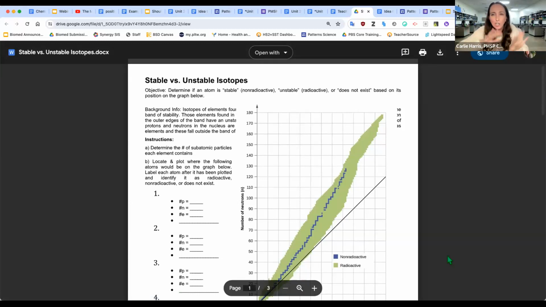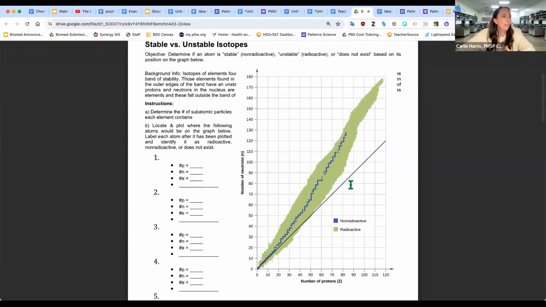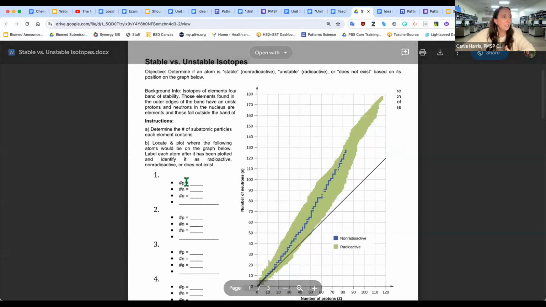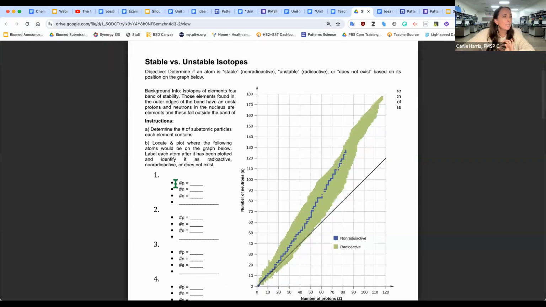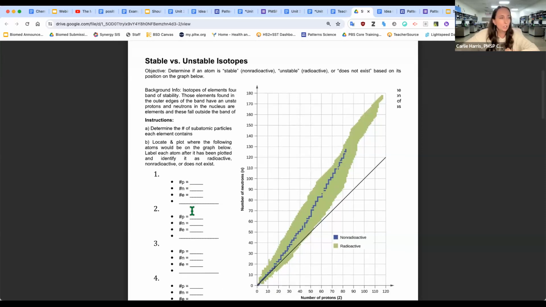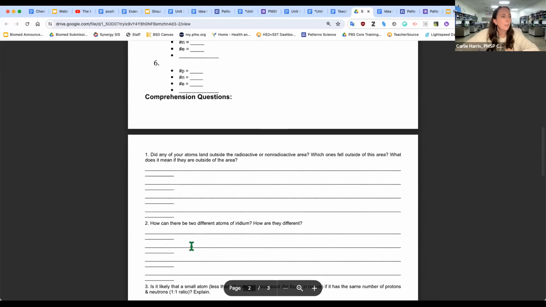This is where we get into the content a little bit, where we are talking about atoms being stable or unstable, and talking about this band. And so students are doing their best to use the graph here to figure out how many protons, neutrons, and electrons. And then they've got a couple questions.